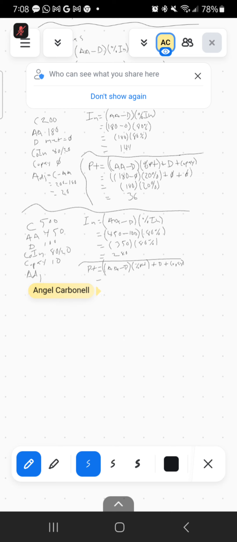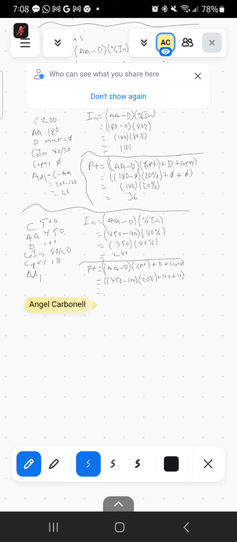So let's do the numbers. Allowed amount, 450. Minus $100 for deductible. Times, now the percentage for the patient is 20%. We're gonna add deductible, $100. And we're gonna add copayment, $10.